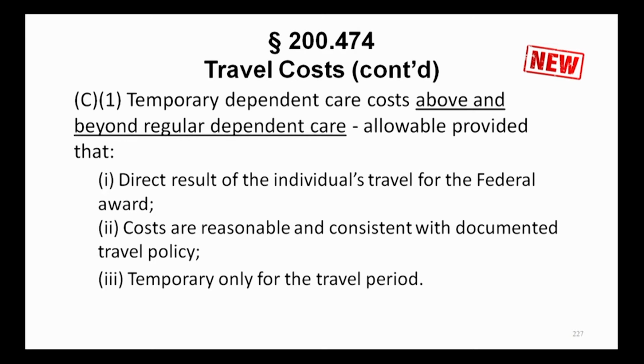Direct result of the individual's travel for the federal award. The costs are reasonable, consistent with your documented travel policies. That's going to be the to-do if you want to add this provision to your travel policies and provide child care costs or dependent care costs above their regular dependent care.